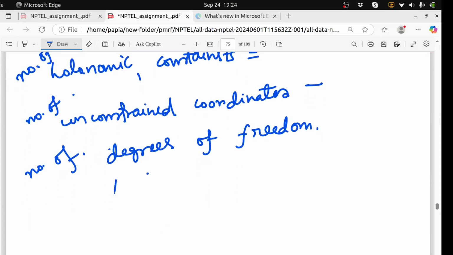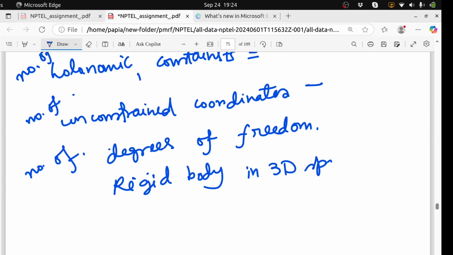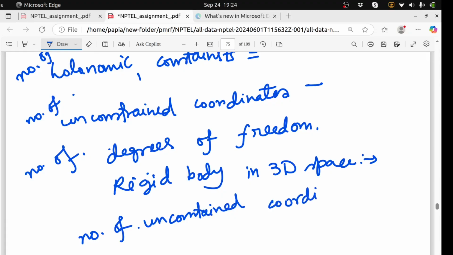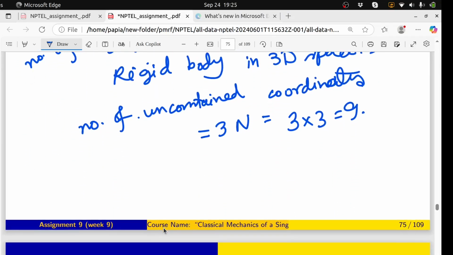It is a rigid body in 3D space. So for this case, the number of unconstrained coordinates is nothing but 3 into n. As it is a 3D space, so 3 into 3, which is 9. Okay, fine. Now coming to the number of degrees of freedom.